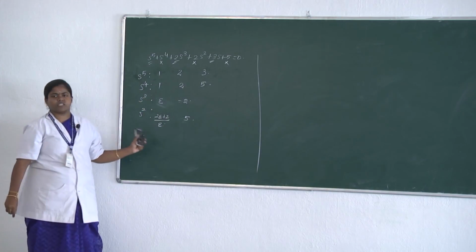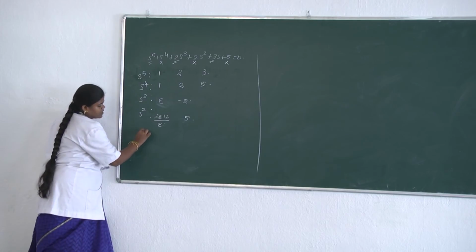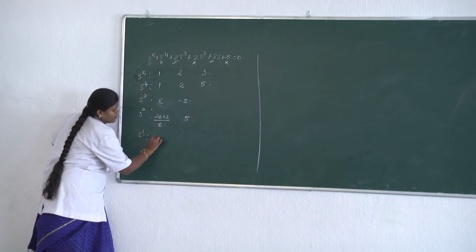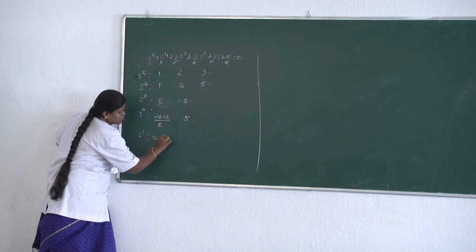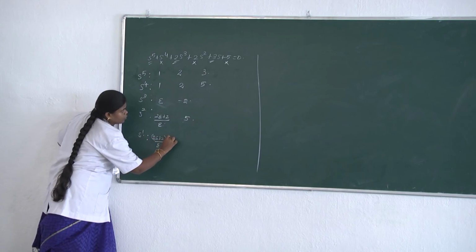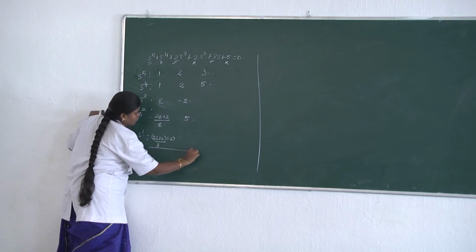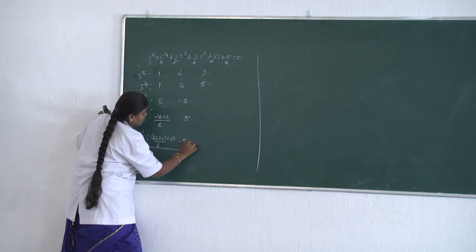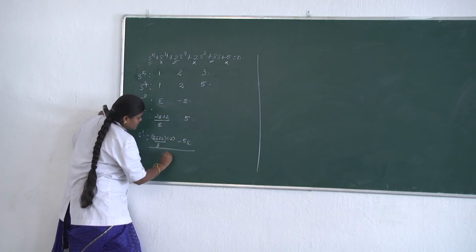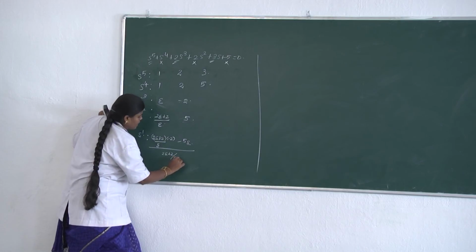And we construct the next row, which is s power 1. It is given by 2 epsilon plus 2 by epsilon into minus 2 minus 5 epsilon, divided by the coefficient 2 epsilon plus 2 by epsilon.